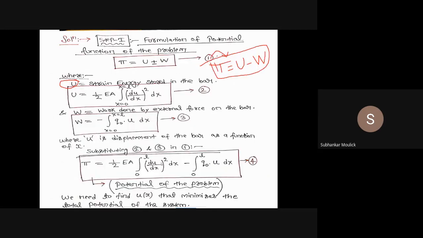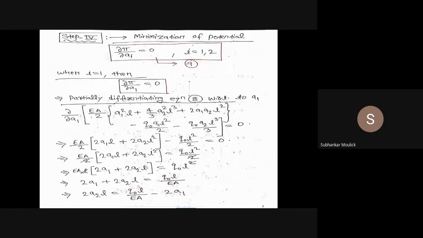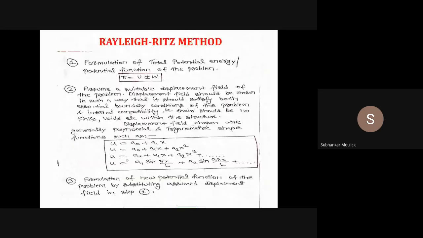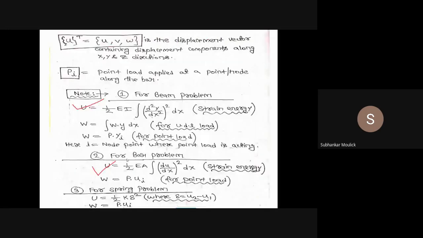If this Q naught is UDL, I have to take the traction component of the force, because the traction force is the surface force acting on the body, which is nothing but UDL.